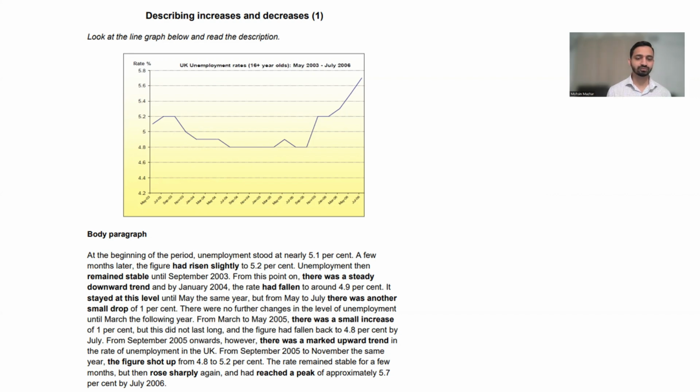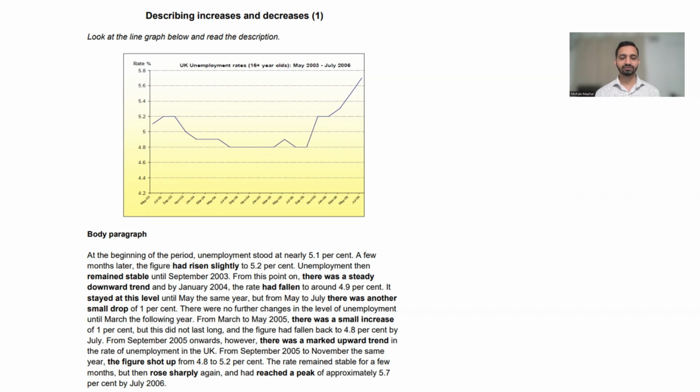From March to May 2005, there was a small increase of 1%, but this did not last long, and the figure had fallen back to 4.8% by July. From September 2005 onwards, however, there was a marked upward trend in the rate of unemployment in the UK.